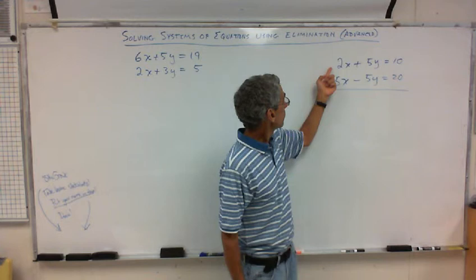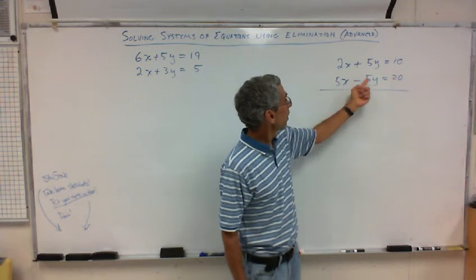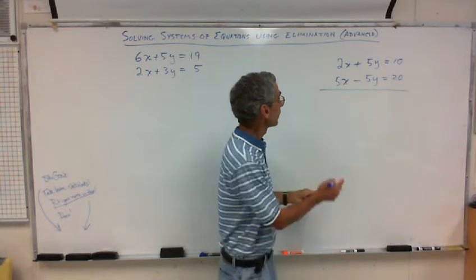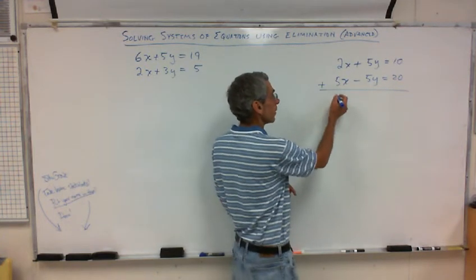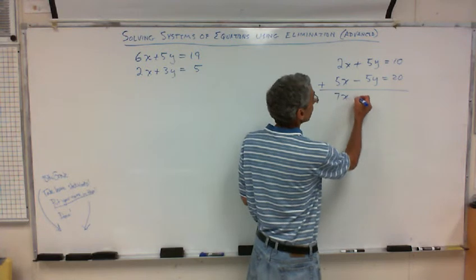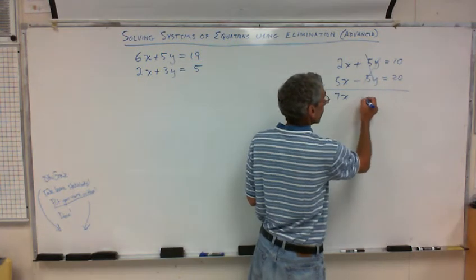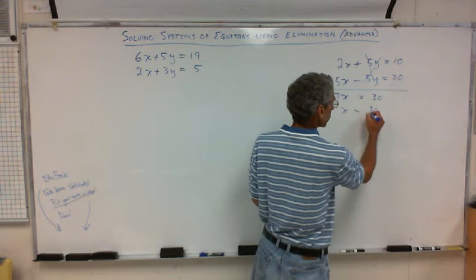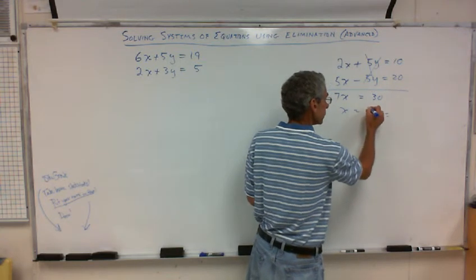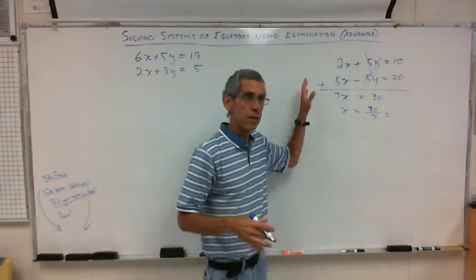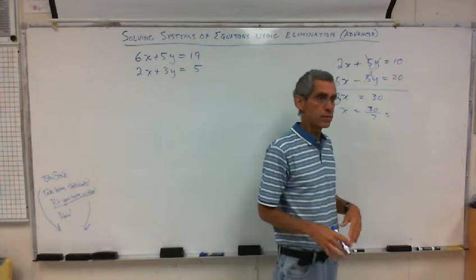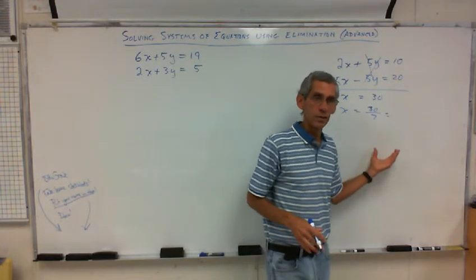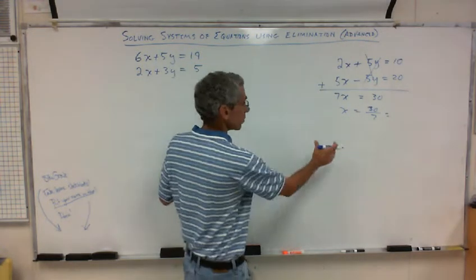Since the numbers are not the same here, but they are here, and they're opposite, then I can immediately just add these together, and I have 7x, and then these cross out, equals 30, and then I get x equals 30 over 7, which is whatever. I'm just making these up off the top of my head, so they're not going to come out necessarily as a whole number.